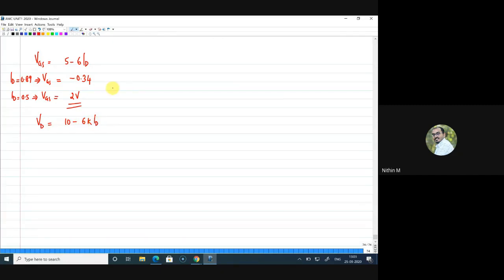I have to state here that the ID value is 0.5 milliamp, because that is the current at which the MOSFET is on with a VGS of 2 volt. Now I can substitute this new ID of 0.5 milliamps here and I can get the VD value. So what is the VD value?